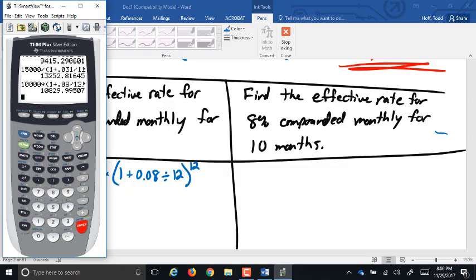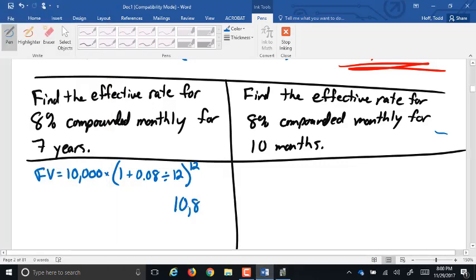I get a final amount of $10,829. Oh, actually $10,830. So that means I have $830 in interest.